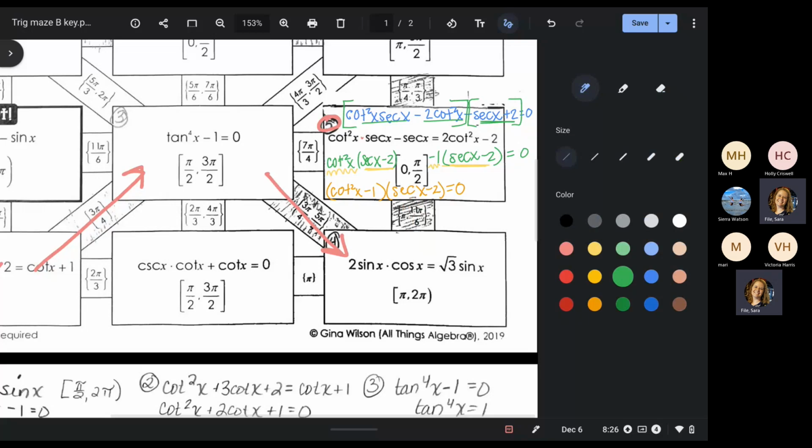So for this first one right here, I have two options actually, because technically this is a difference of two squares, so I could factor this further, but it's also a single trig function. There's only one trig term in this expression, so I don't have to factor it. I can just solve it by adding the 1 over to the other side.